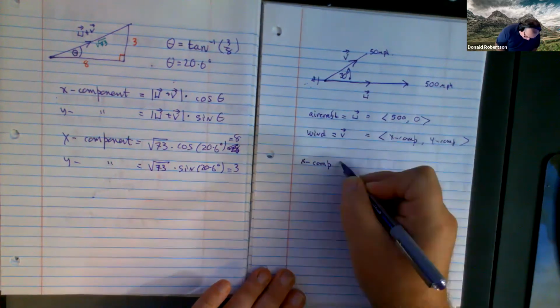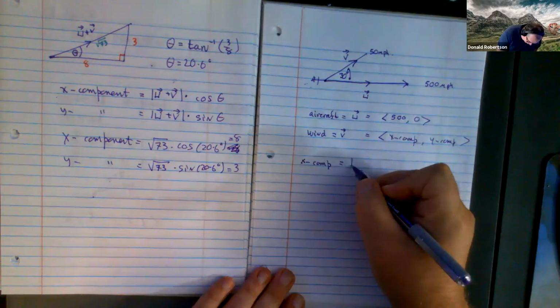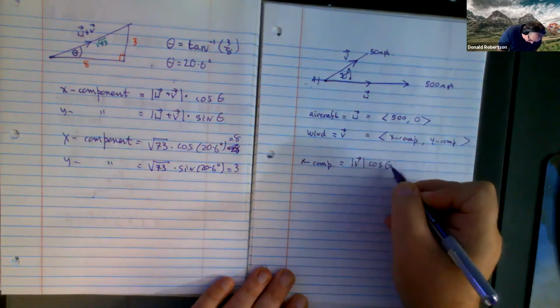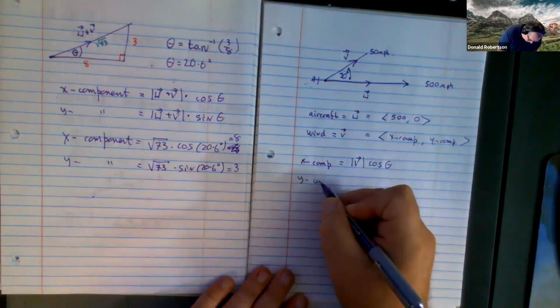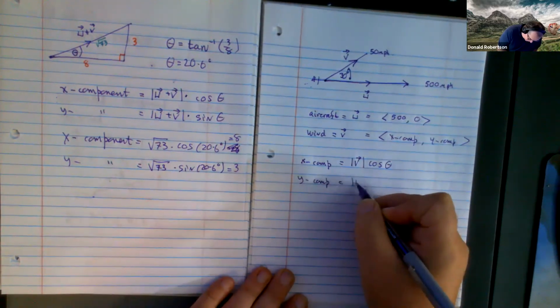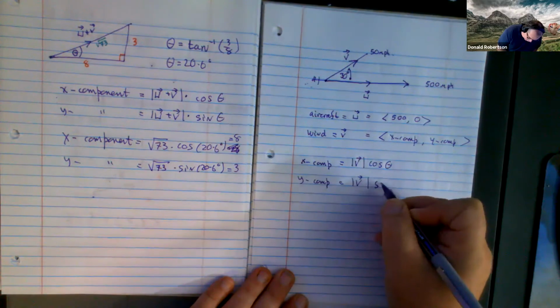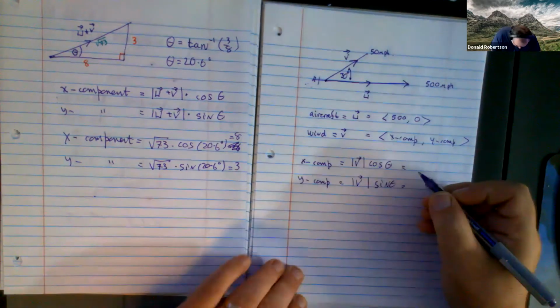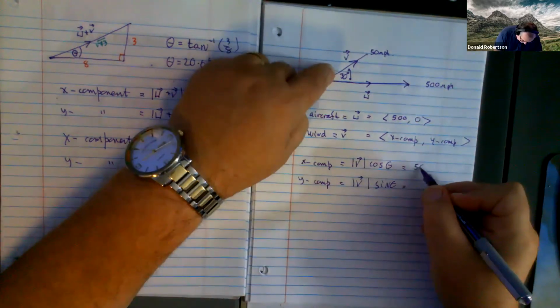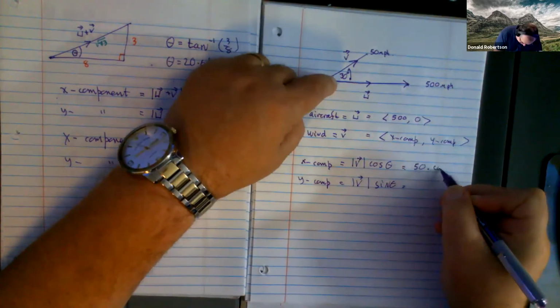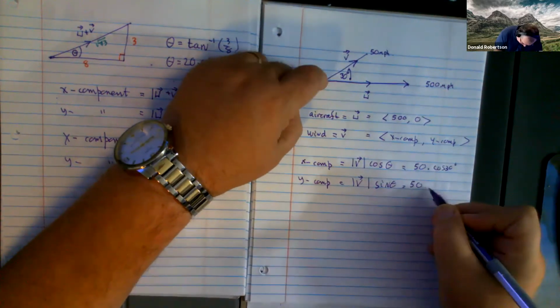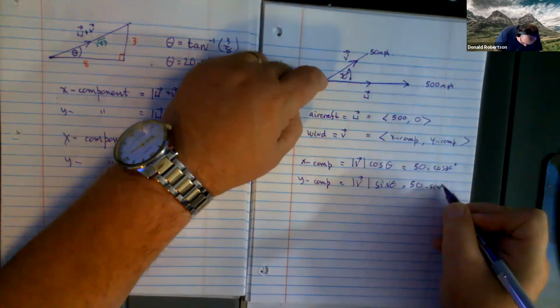Its x component is the magnitude of the vector times the cosine of its angle, and its y component is the magnitude of the wind, I should say, times the sine. And the magnitude is 50, and the angle is 30 degrees.